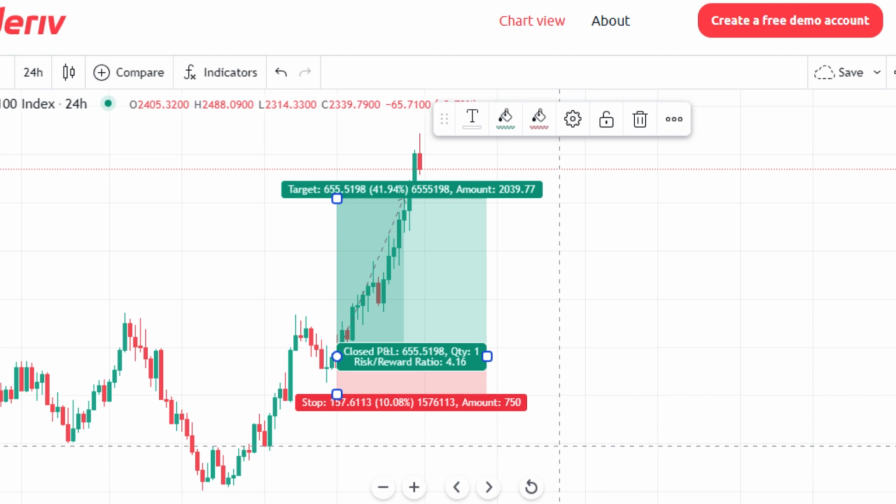There are tools you can use, such as synthetic pips calculators out there, but Derive recently launched their own, which makes it super easy and straightforward.